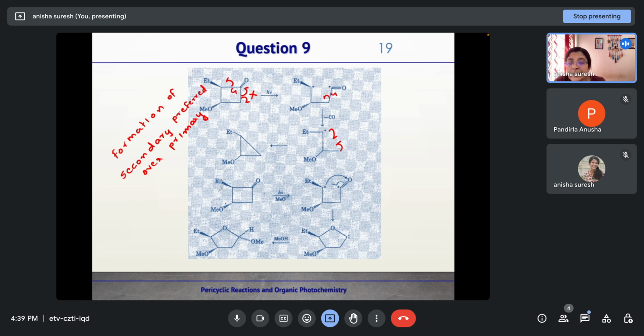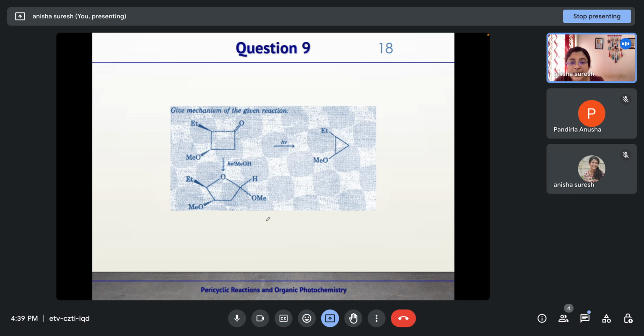And in the second case, as we have seen in the previous example, alpha fragmentation will take place leading to formation of this. Then here diradical will form and that radical will combine, with an anion forming here. And in the case of methanol, I think only proton abstraction will take place, because this is a negative charge. OMe formation will not be taking place, I guess. I will check into that again, okay? Because in the question also that is there.